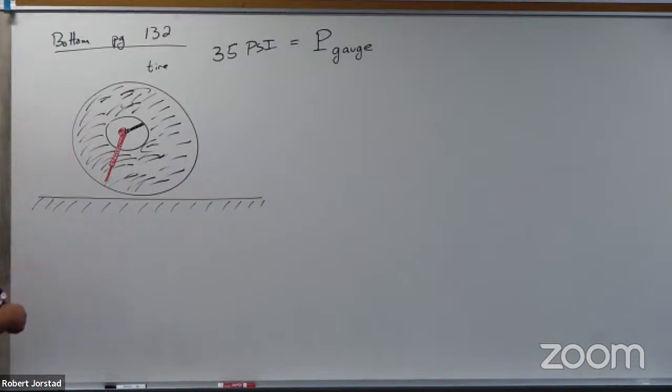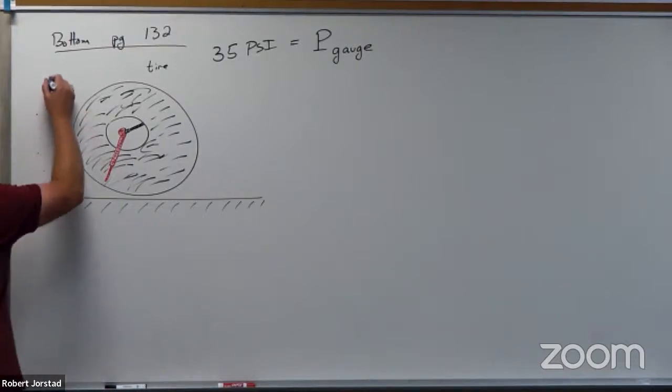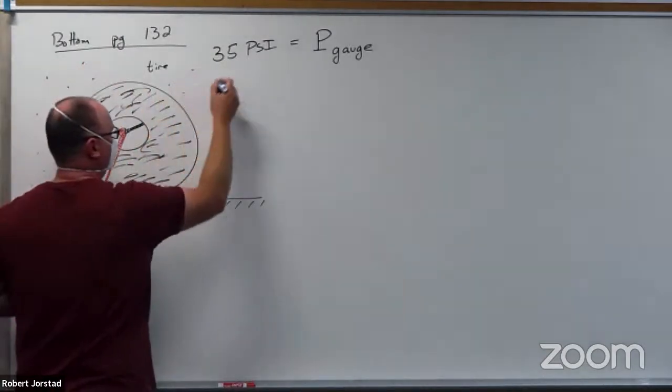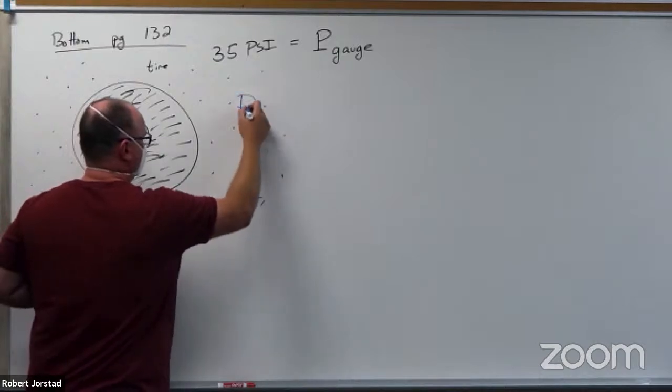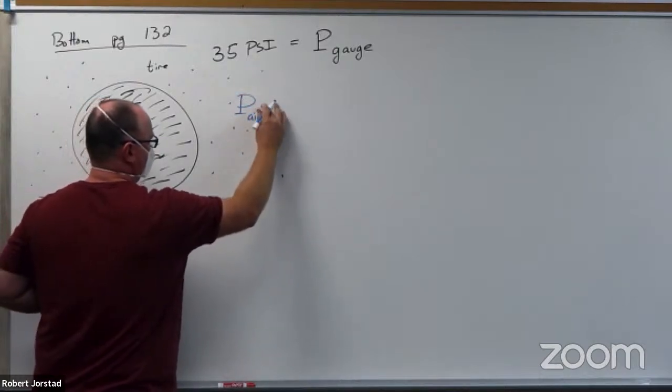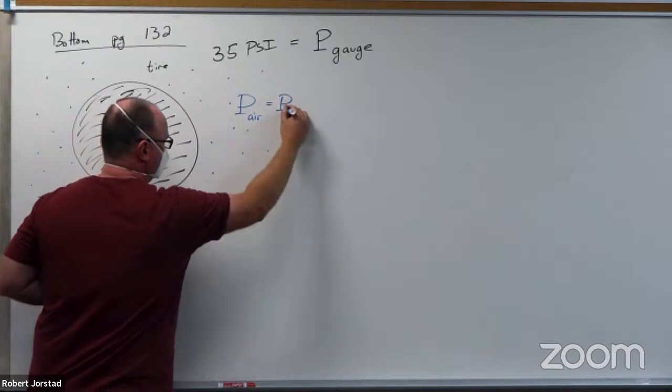Now I want you to think about this. What is outside the tire everywhere? Air. We're going to assume that that is P0.